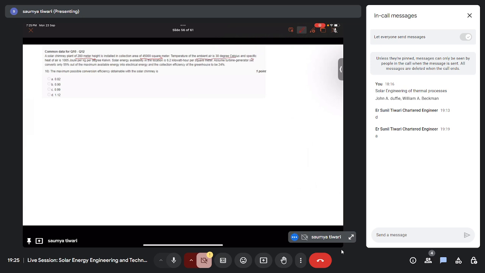Specific heat of air is given 1005 joule per kg per degree Kelvin. Solar energy available in the location is 6.2 kilowatt hour per square meter. Assume the turbine generator set converts only 55% of the maximum available energy into electrical energy, and collection efficiency of greenhouse is 24%. What will be the maximum possible conversion efficiency for the solar chimney?